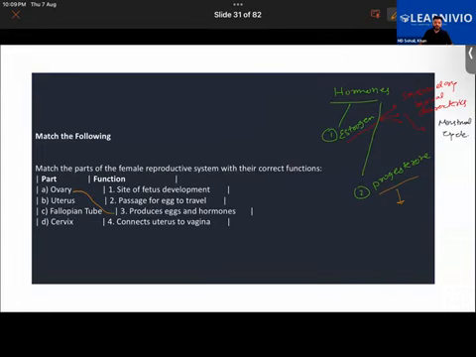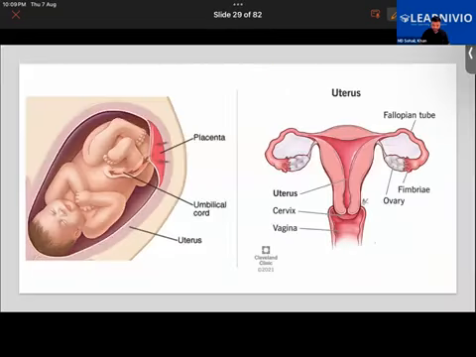It is particularly produced during pregnancy, and it prepares the uterus for the development of the child. It basically thickens the internal lining of the uterus. Right now this lining is not thick.